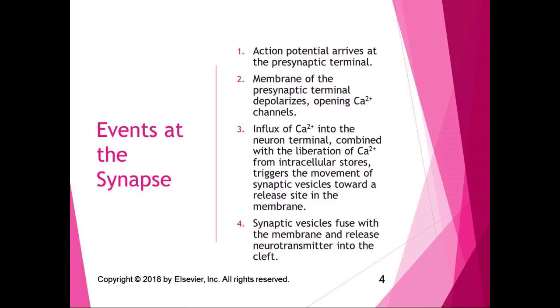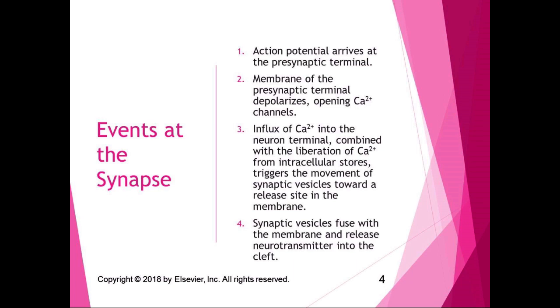So the events at the synapse, the first thing that happens is the action potential comes zooming down the axon and arrives at the presynaptic terminal. So the arrival of the action potential depolarizes that presynaptic terminal membrane, and it opens calcium channels.